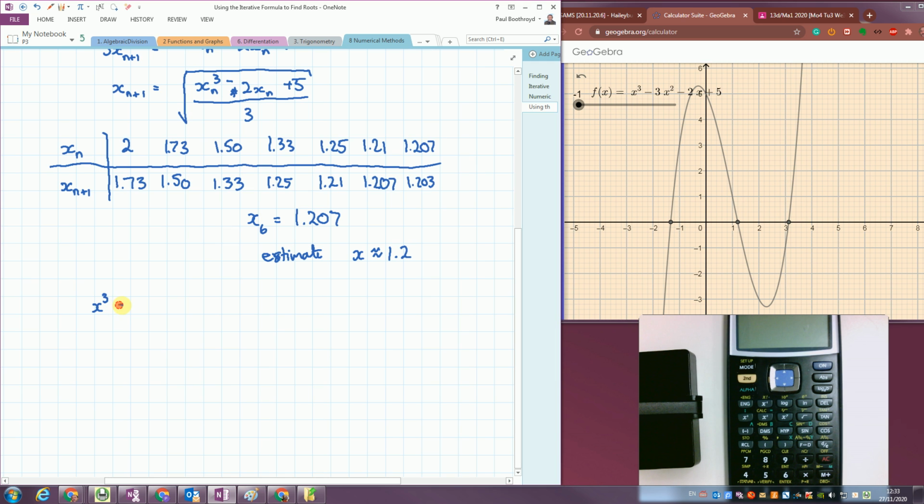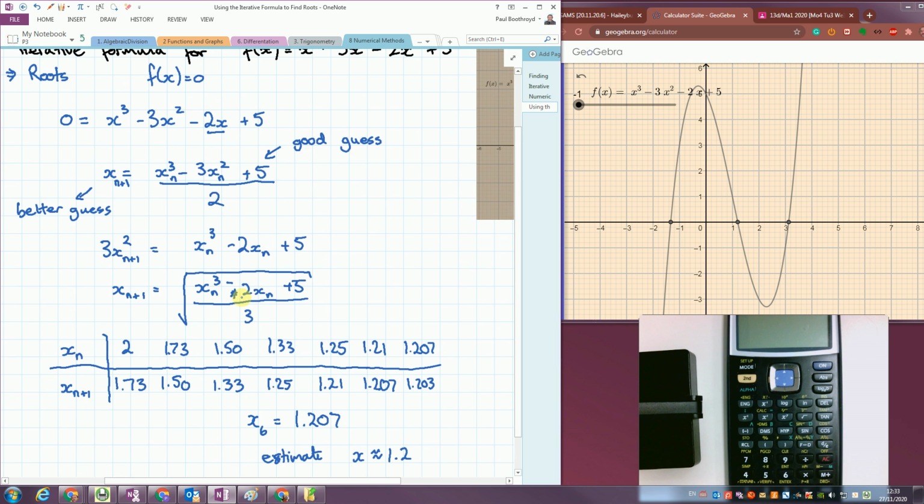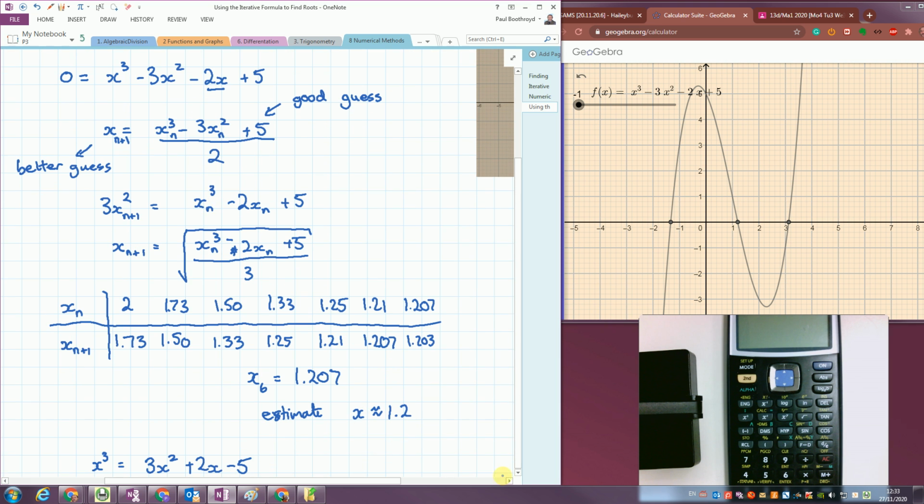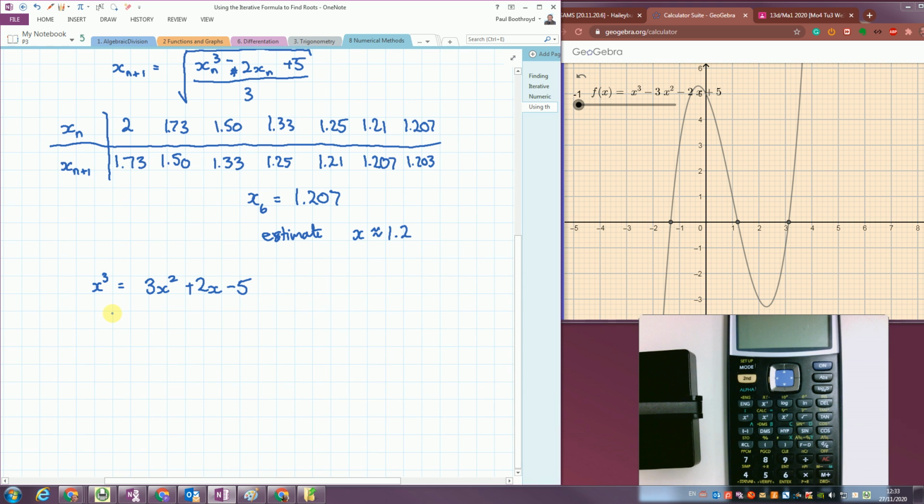So my x cubed comes out, and we've got 3x squared plus 2x minus 5. We've taken all of this part away from the x cubed, and now when I do the cube root of this, x_{n+1} is the third root of my equation.